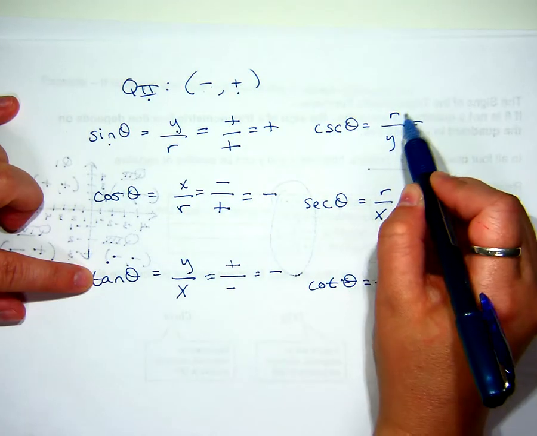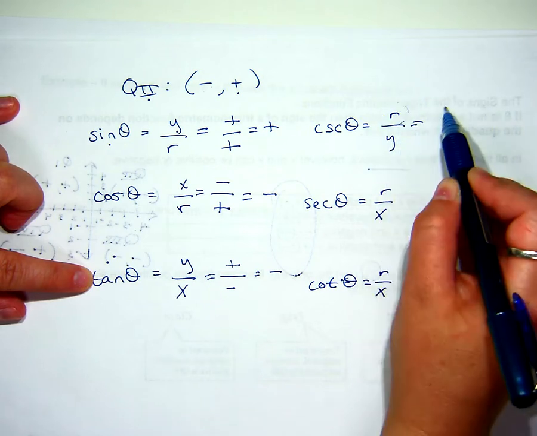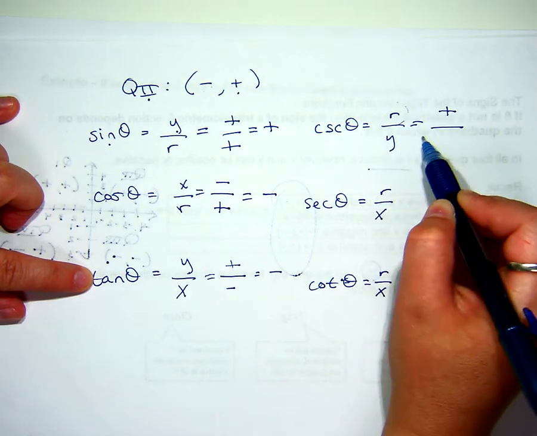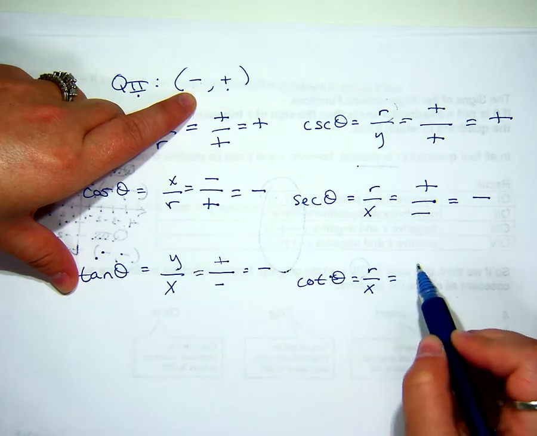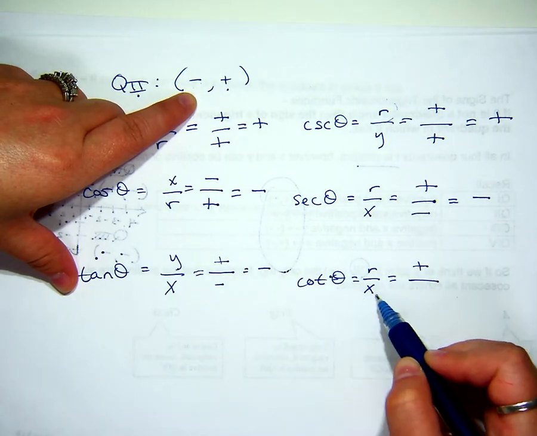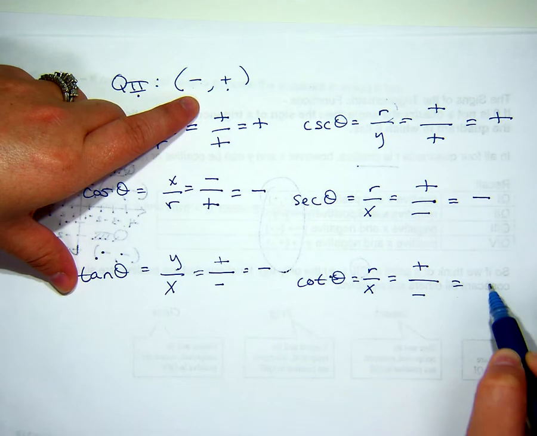Cosecant, r, which is a distance, always positive. Y positive, which will give you positive. Secant, r positive, x negative, which will give you negative.